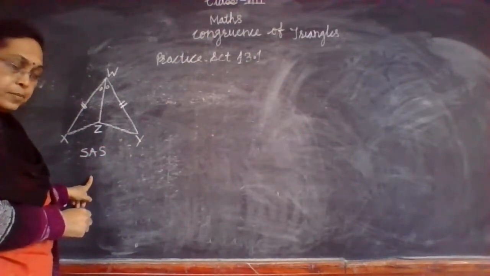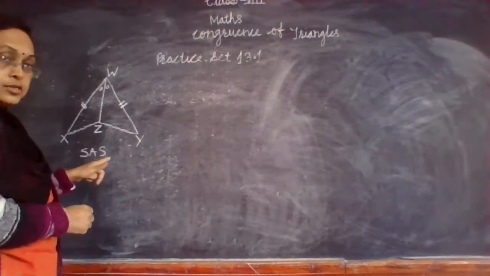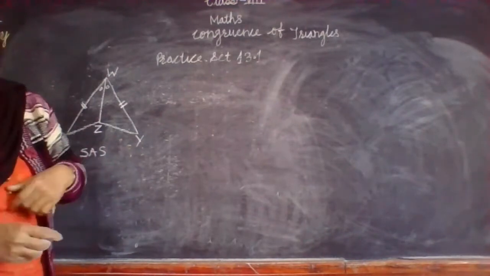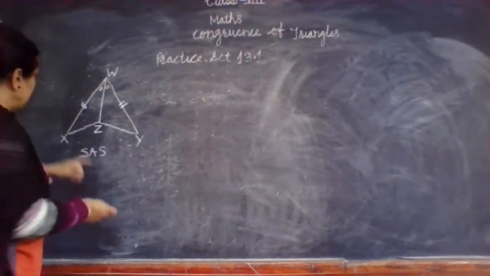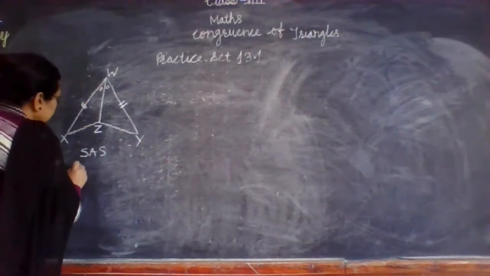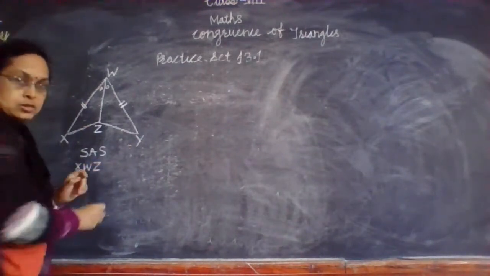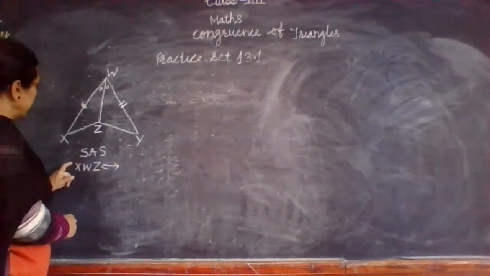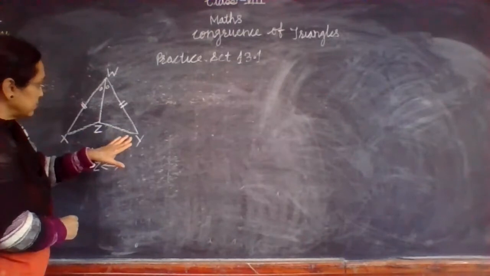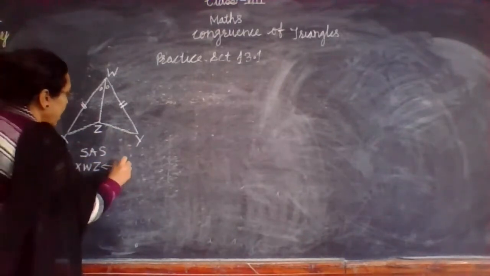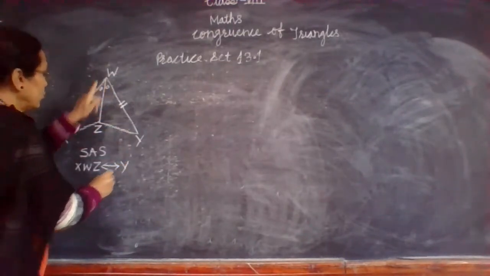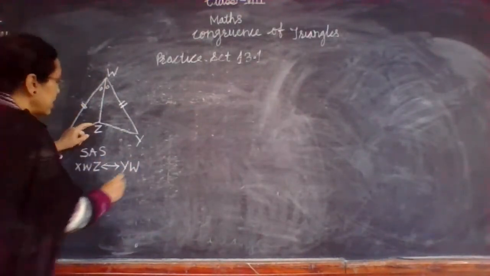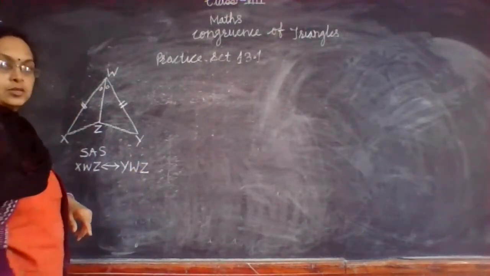And for correspondence we have to write the points neatly, that is XWZ will correspond to, instead of X in this triangle it is Y, and then W. This is the common point, common vertex for both the triangles, and last is Z. So like this we have to solve.